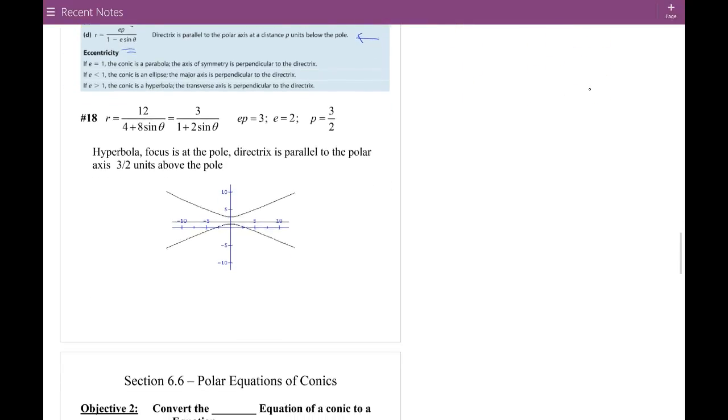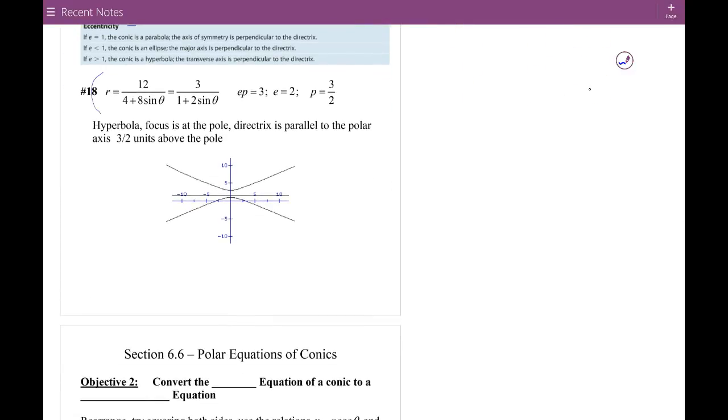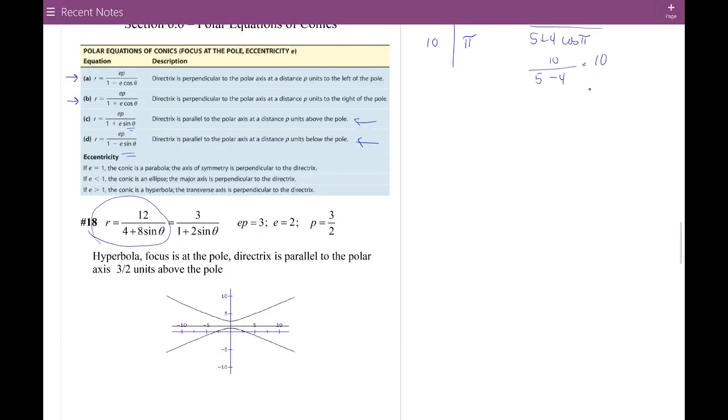So the part you need to be able to do is look at the equation, see that every one of these equations has a 1 at the lower left corner, so that's what you need to do. So if you have 12 over 4 plus 8 sine theta, you need to multiply by 1/4 over 1/4.